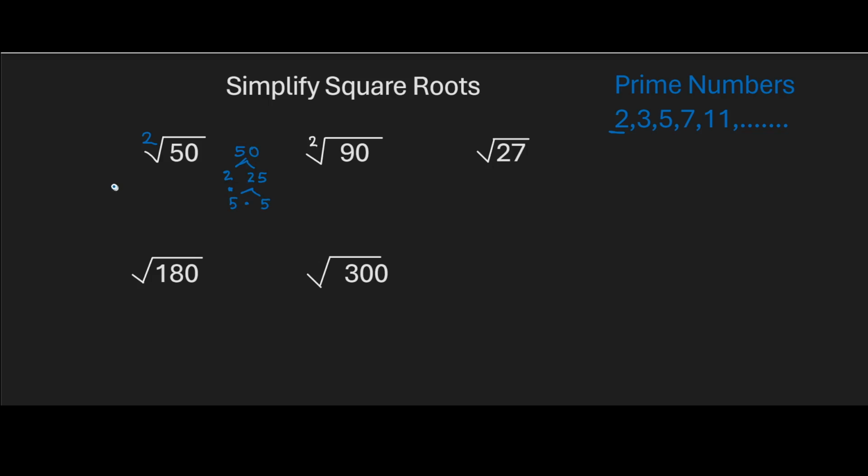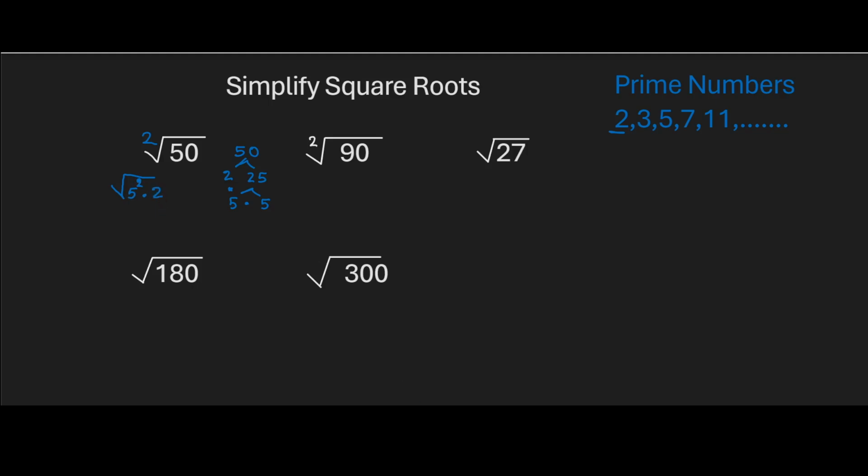So what I'm going to do now is rewrite 50 as a product of two numbers. And you can see this will be 5 squared. That's what I wanted to have, a number to the second power, and then times 2.